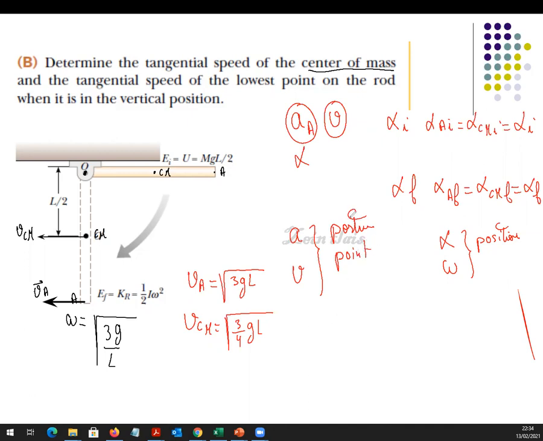I mean, at the initial position, we have A initial for the point A, and V initial for the point A. And also we have A initial for the center of mass, and V initial of the center of mass. It means you have to precise the position and the point to find A and V.